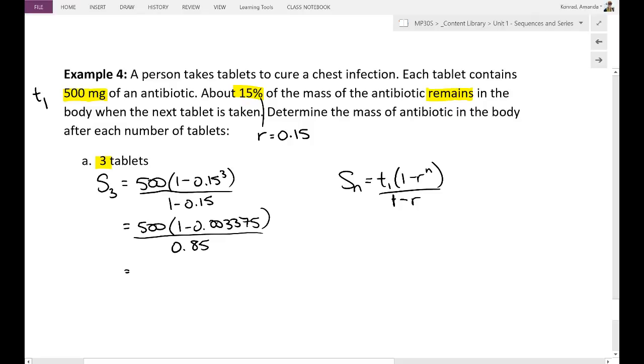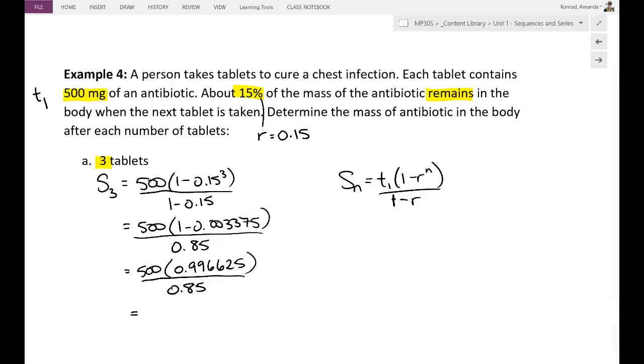Then you can calculate from here. 0.99665. Keep as many decimals as you can while you are doing this math. Finally, plug all this in together, multiply 500 by your decimal, and then divide it by 0.85, and that gives you 586.25.